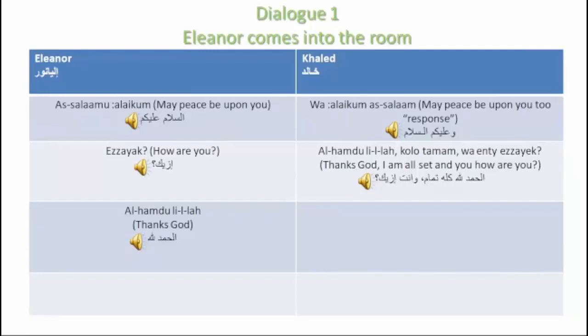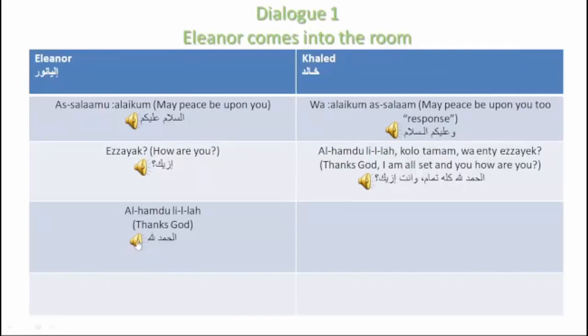When Khalid asked her about her condition or her health, he said ازيك, because he speaks to a lady. When you speak to a lady you say ازيك. When you speak to a man you say ازيك.